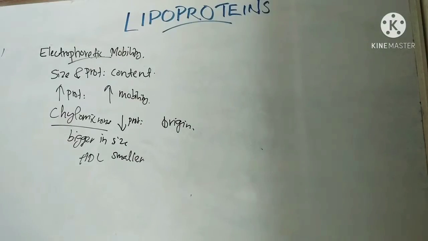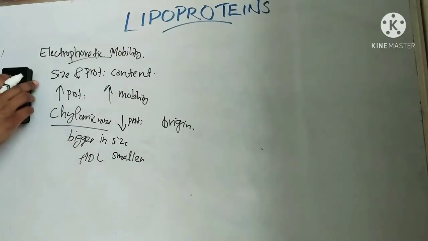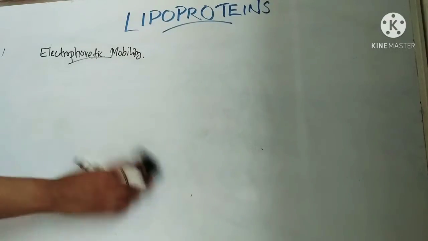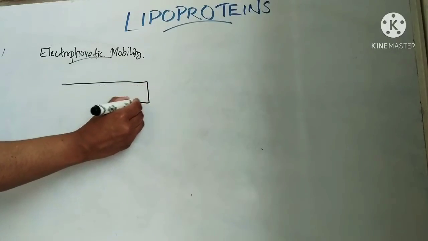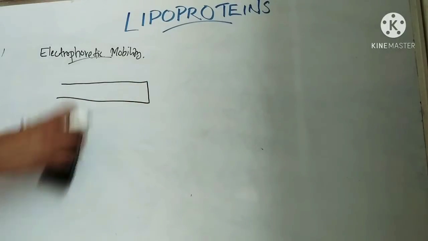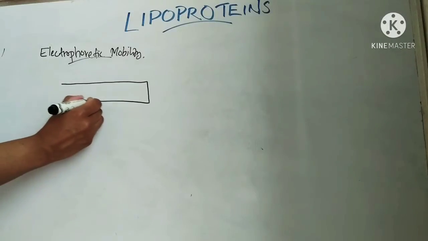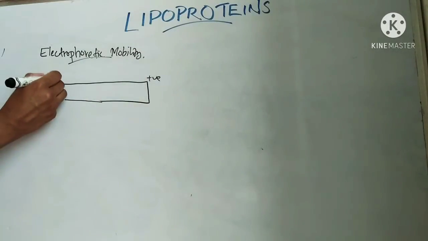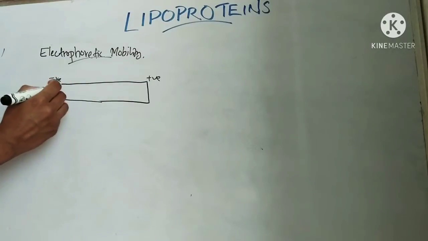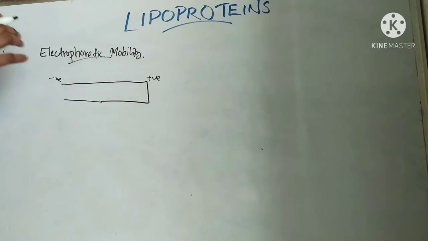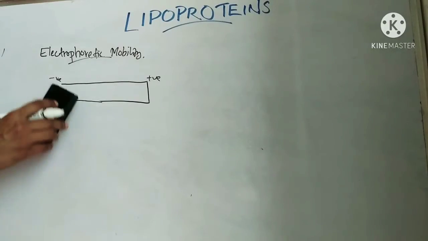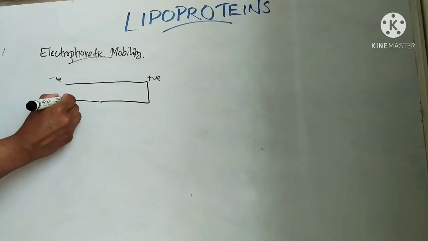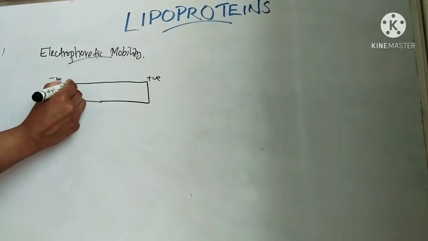So let's see the classification based on electrophoretic mobility. This is positive, negative. The chylomicrons have the least protein content, so they will remain at the origin. So if this is the origin, chylomicrons will be here.